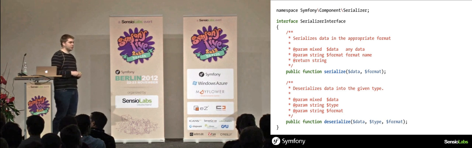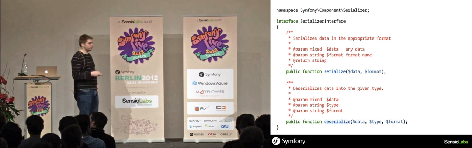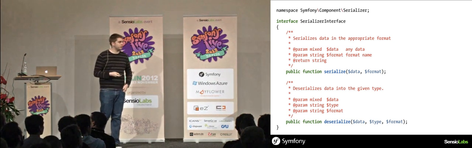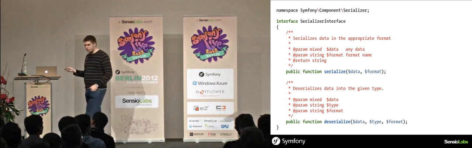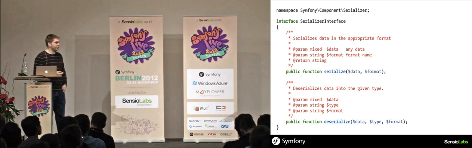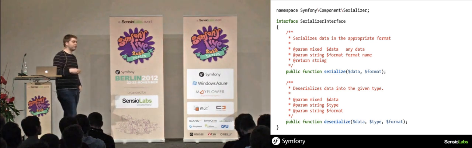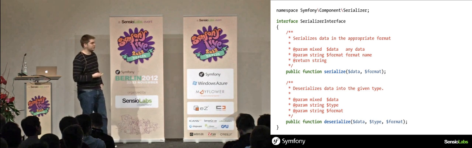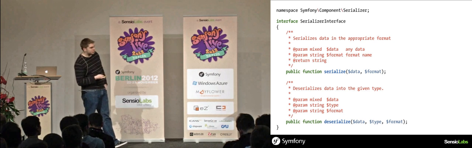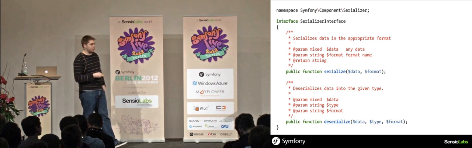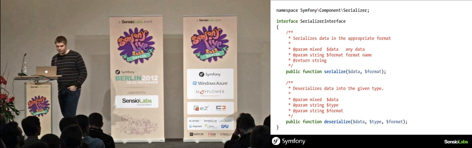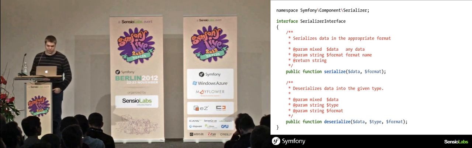The deserialize method takes the string you want to deserialize, so it can be an XML string, JSON string or whatever. Then the type. Sorry, this is the type of the object you want to get in the end, so this is the class name, the fully qualified namespace of the class.